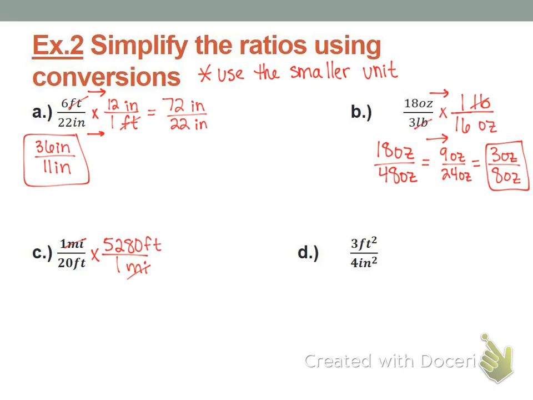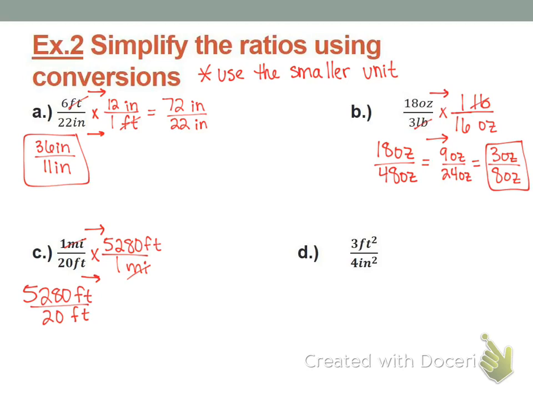Okay, miles are what we were trying to get rid of. That's the big one. We keep the smaller one of feet. Multiplying across the top and bottom is pretty easy since we're just multiplying by 1. So we've got 5,280 feet to 20 feet.